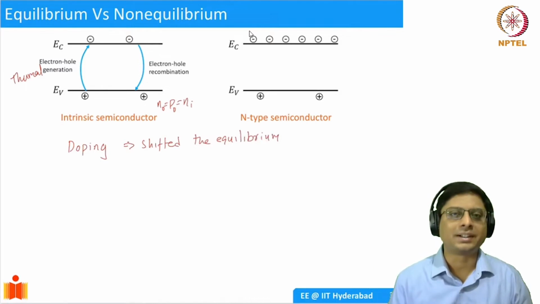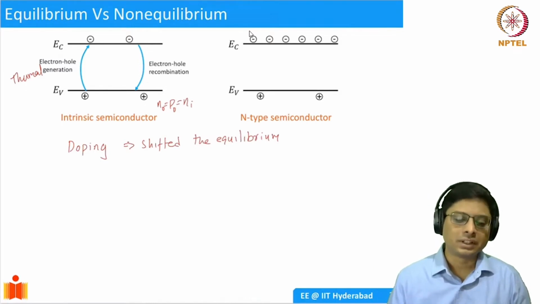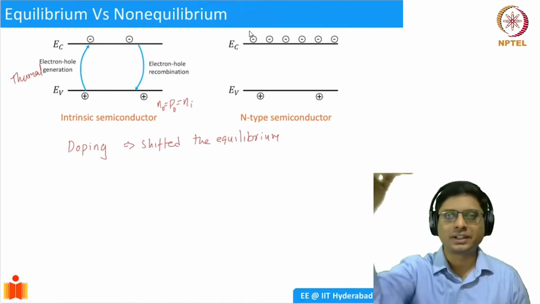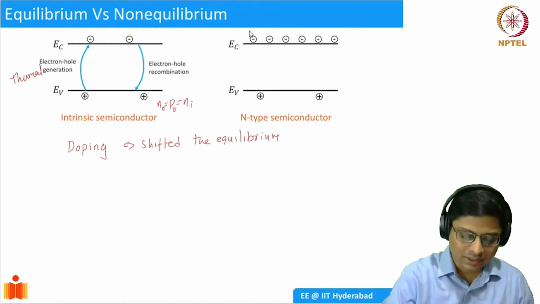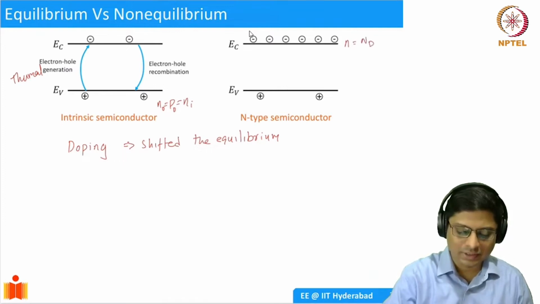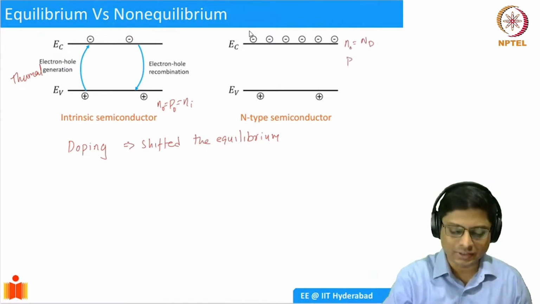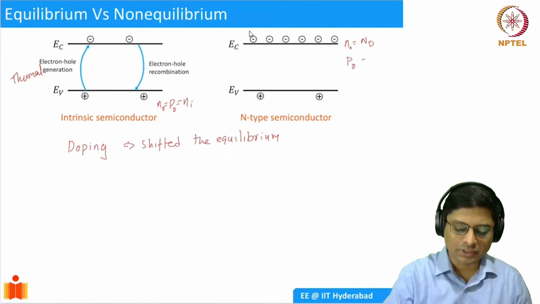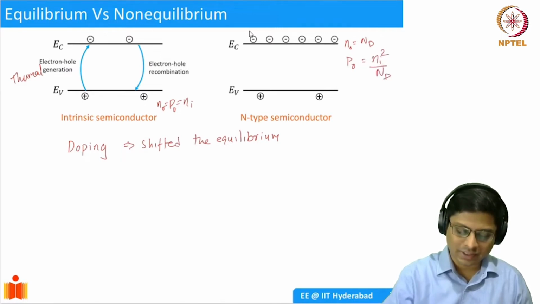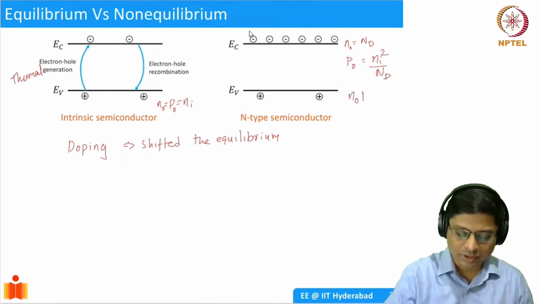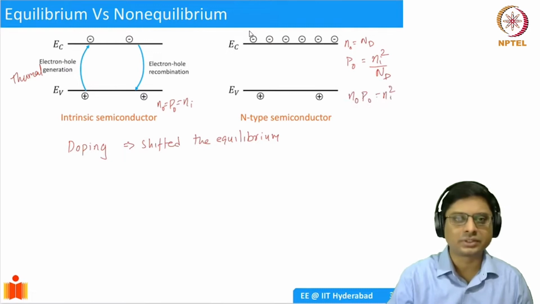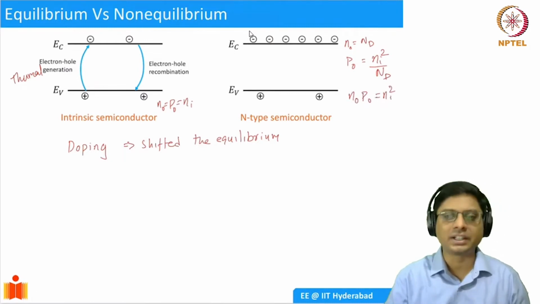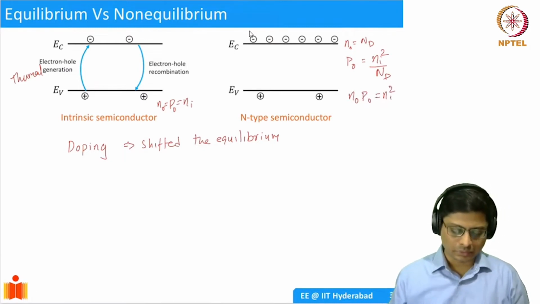If you have an n-type dopant, let's say donor atoms, then we shift the Fermi level closer to the conduction band, and that is why in an extrinsic semiconductor the equilibrium density of electrons was Nd, the number of dopants, and p0 is basically ni squared divided by Nd. And we said that n0 times p0 equals ni squared. So this is valid even for an extrinsic semiconductor in equilibrium.